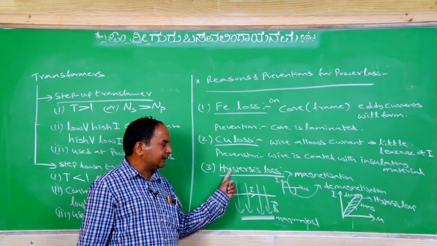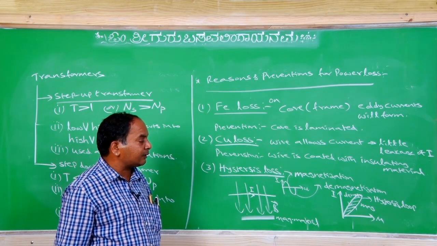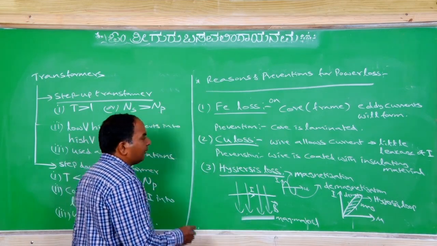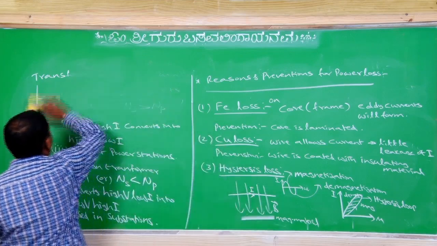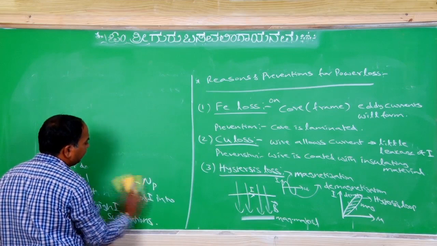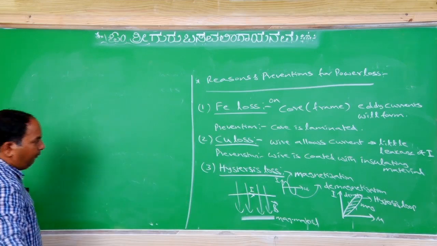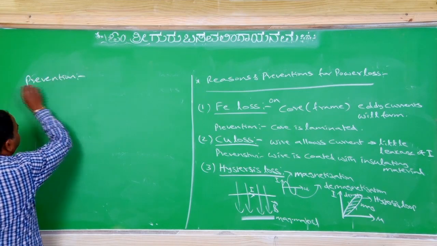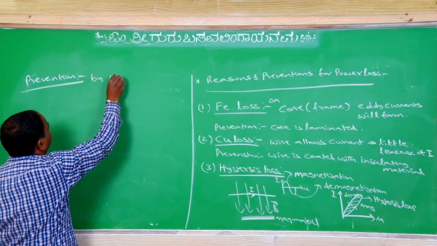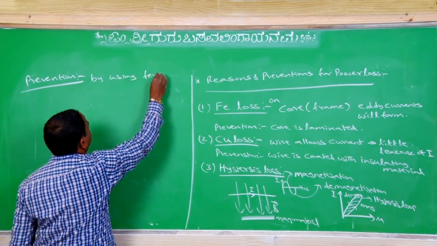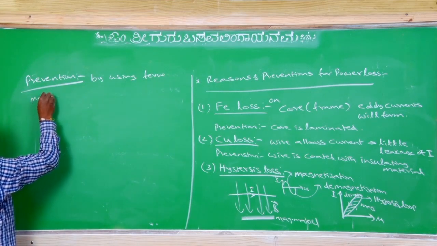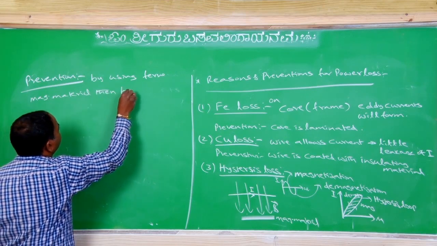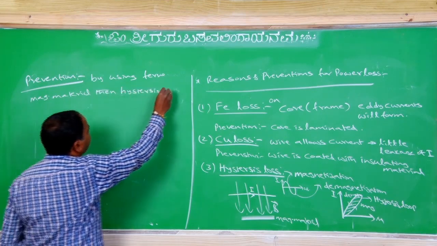To reduce the hysteresis loss, its prevention is to use ferromagnetic material, and then the hysteresis loop will become thin.